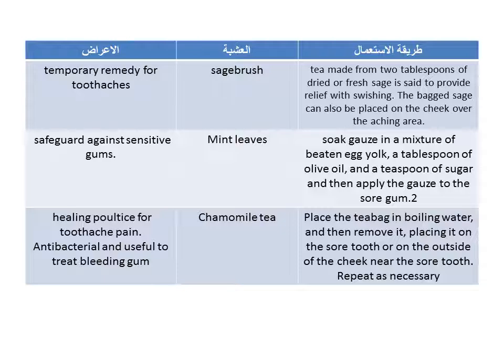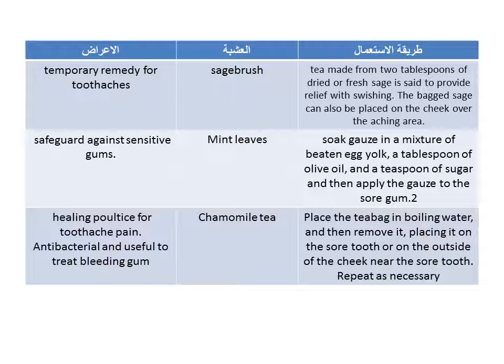You can make a tea out of it, put it in a bag, and place it over the cheek, over the aching area. Mint leaves, by the way, you can even chew, or mix with a beaten egg yolk, a teaspoon of olive oil, and a teaspoon of sugar, and then apply it on a sore gum.